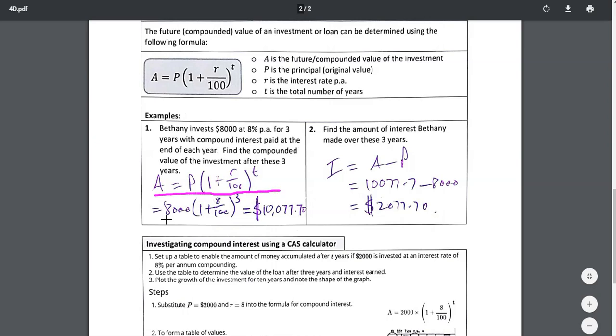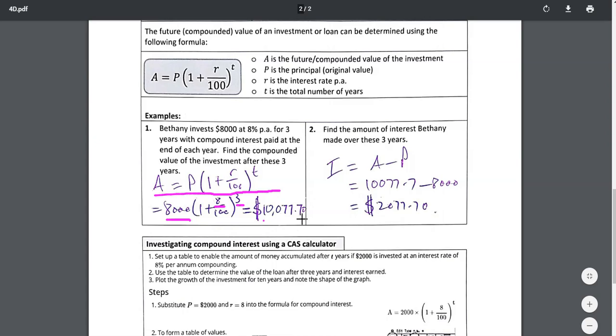The principal, the starting amount, the investment, is $8,000. 1 plus the rate of interest, which is 8% over 100, all to the power of the number of years, which is 3.